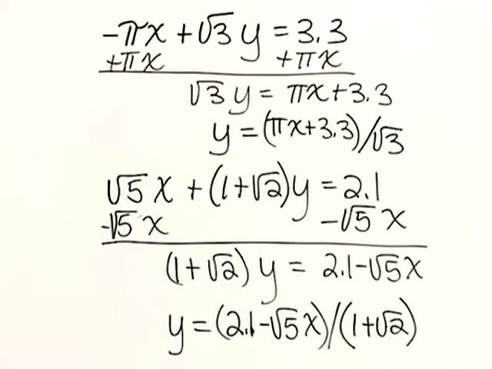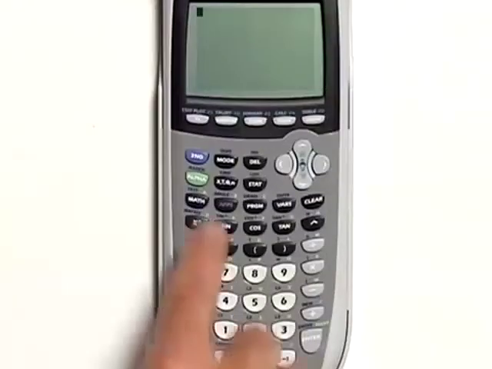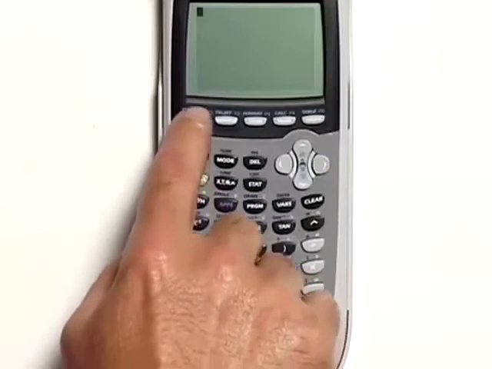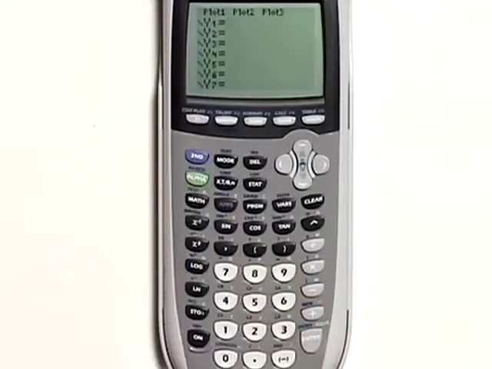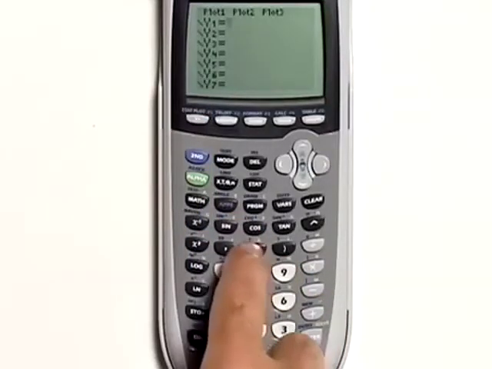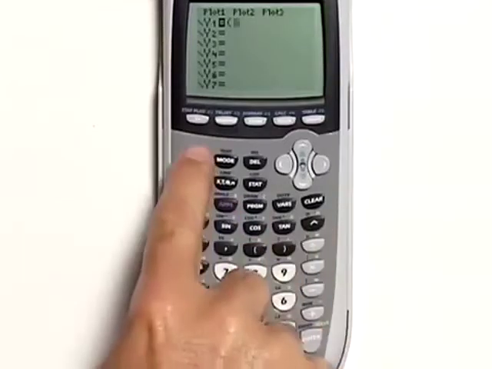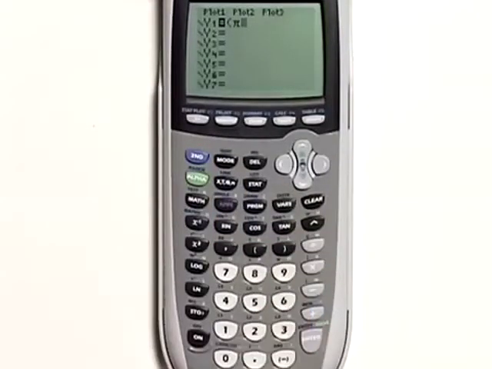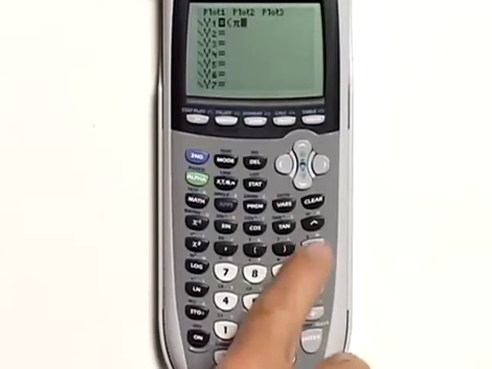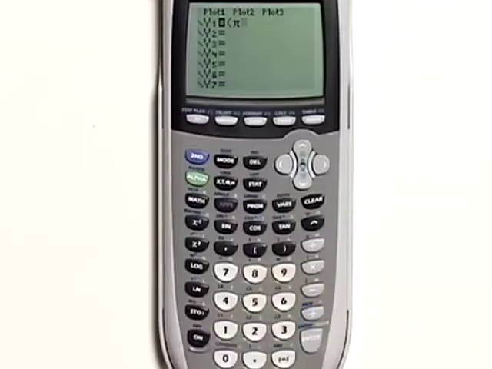So now let's go to the calculator and enter each of those equations and then find where they intersect. On the calculator, we'll hit the equation editor, the y equals key. For y sub 1, we enter a parenthesis, and then for pi, we hit second and then the exponent button, which has a little blue pi above it.